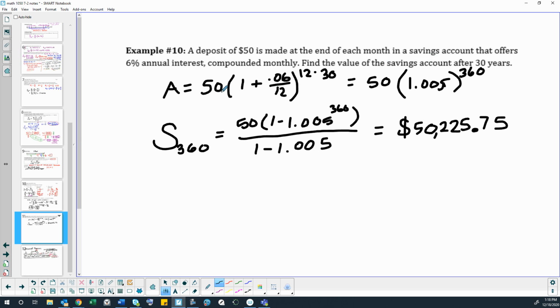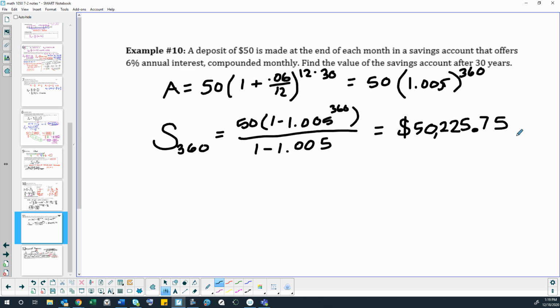if we started with $50 and then just went ahead and left the $50 in there to accrue interest over the 30 years. This is different because you're actually putting $50 a month into the account too, as well as getting the interest.